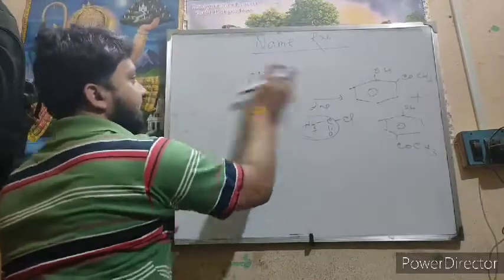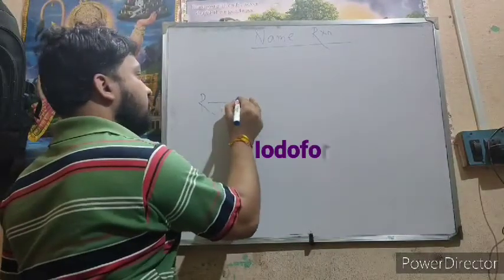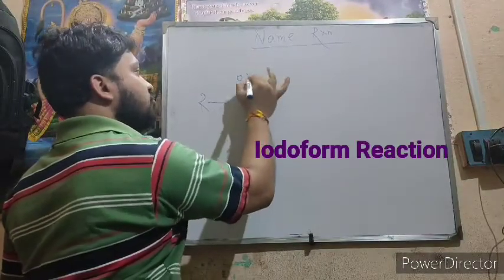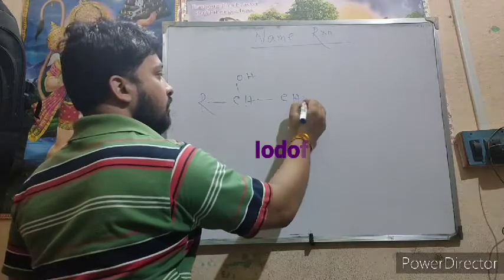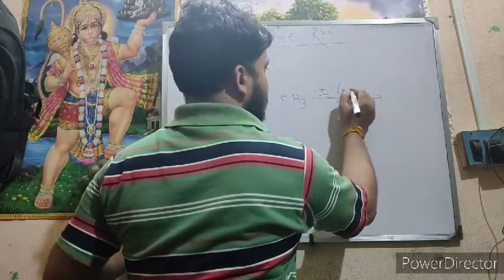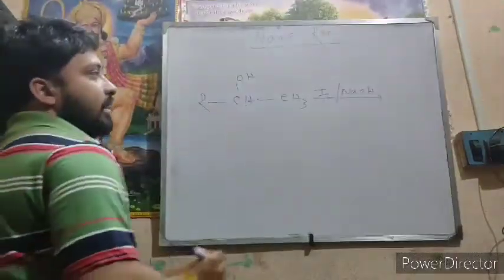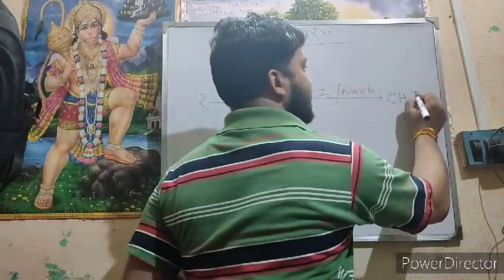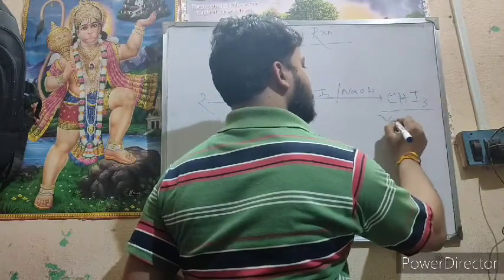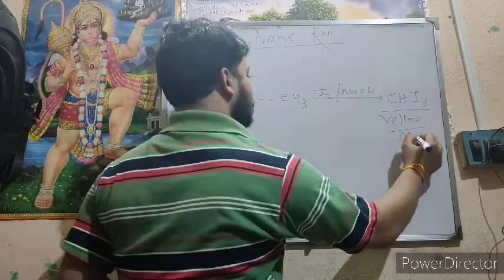Now the reaction is the iodoform reaction. You take a 2 degree alcohol, CH3CHOH, and use I2 and NaOH for this iodoform reaction. You get CHI3, which gives a yellow precipitate. So it is an identification reaction.